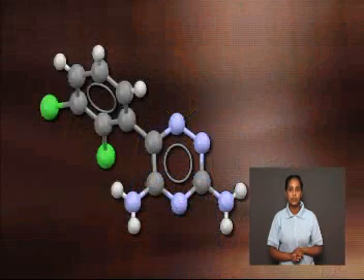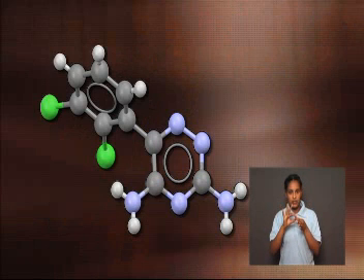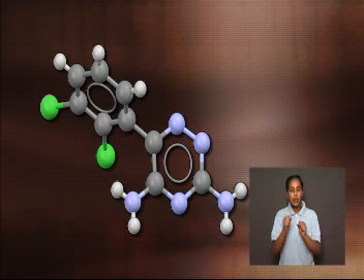These particles extend in 3 dimensions throughout the crystal. An essential feature of a crystal is that its entire structure can be determined by looking at just a tiny piece of it.